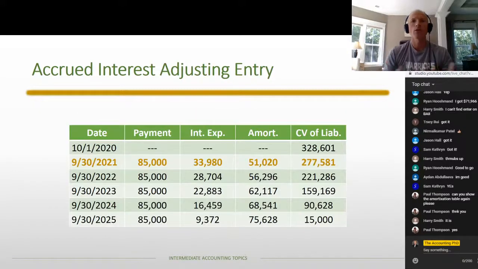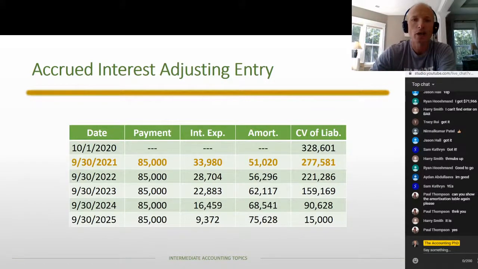All right, so now we're going to focus first on accruing that interest expense. And so 9/30/2021, we have the payment, the interest expense, the amortization, the carrying value of the lease liability. So these items are all things that culminate on September 30th, 2021. So it's the 12 months that end September 30th, 2021.